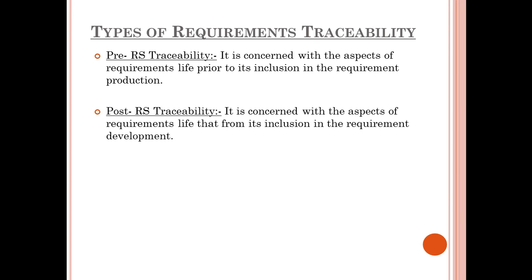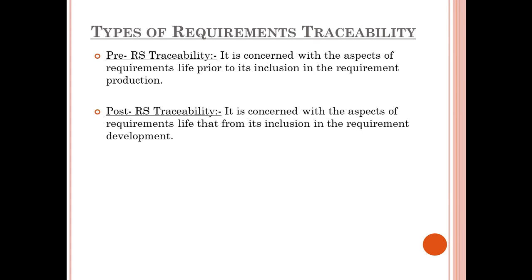So the next is the types of requirement traceability. There are two types of requirement traceability. One is pre-requirement specification traceability and the other one is post-requirement specification traceability. From the word pre-requirement traceability, we can understand directly that pre is before, like the requirements' life prior to inclusion in the requirements production.